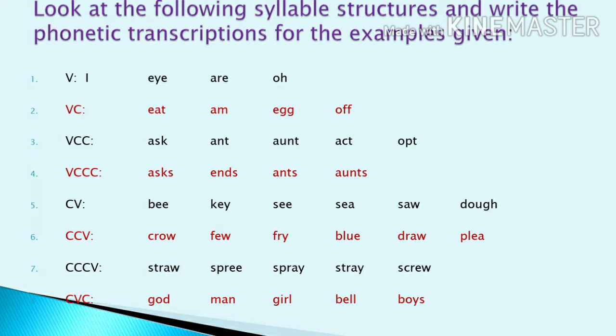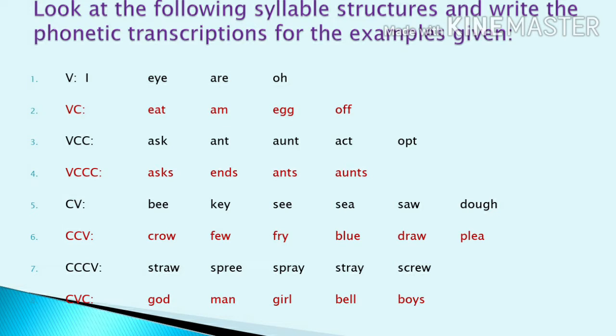Here you will find the different structures of words, and these words have either a V structure, meaning only a vowel is there, meaning it has only a nucleus, there is no consonant. Then you have the acceptable combinations of vowel and consonant, consonant and vowel. Sometimes triple consonants are there, or sometimes consonants come before the nucleus, sometimes after the nucleus.